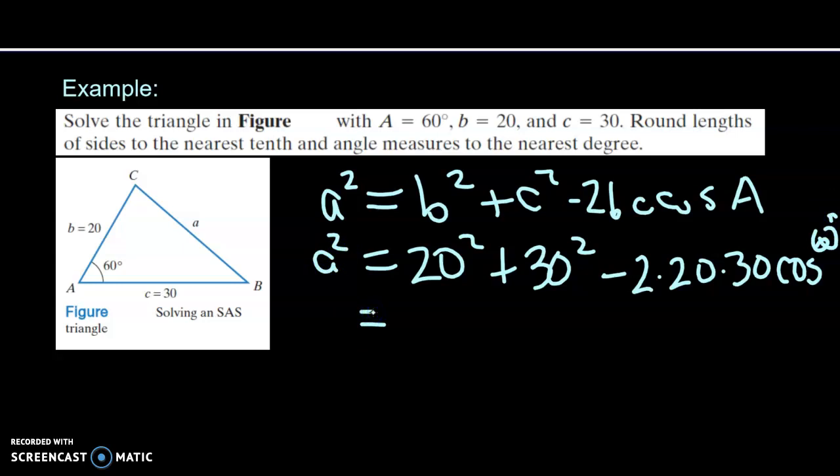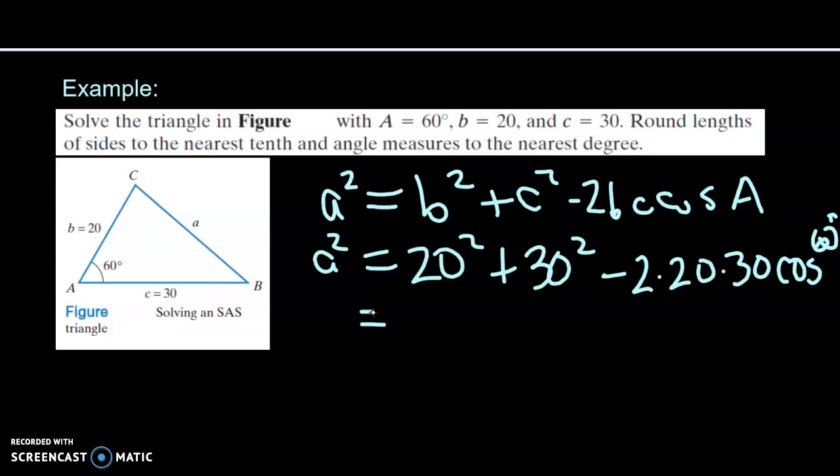If I plug this all in, remember that if you're using your calculator, switch the settings to degrees. We type the whole equation: 20 squared plus 30 squared minus 2 times the quantity of 20 times the quantity of 30 cosine of 60.